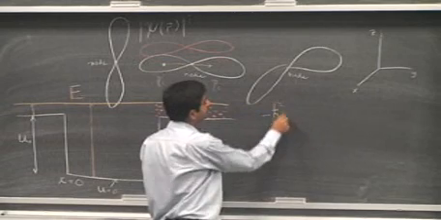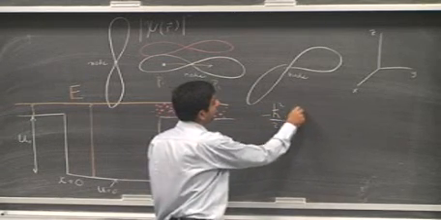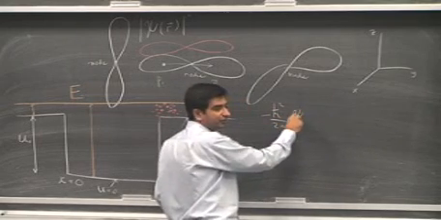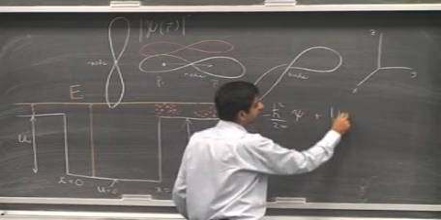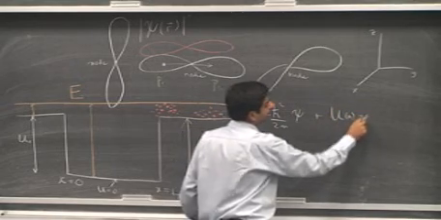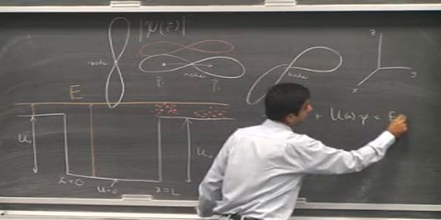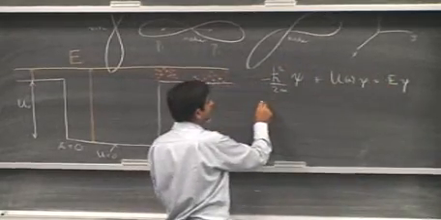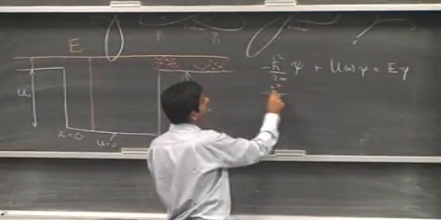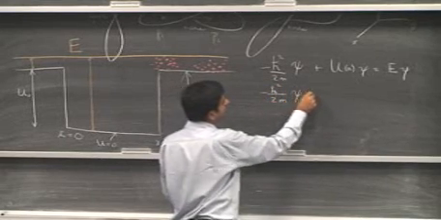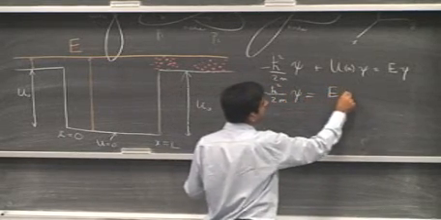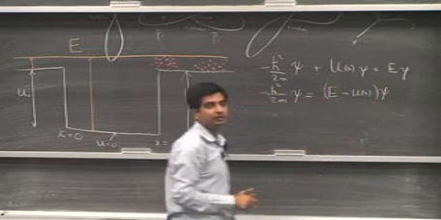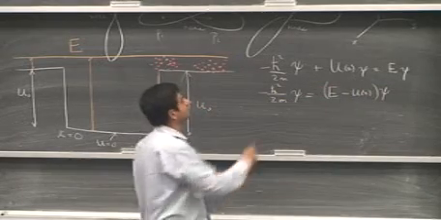Minus h bar square over 2m psi, I'm dropping the x, assuming that the argument always exists, plus the potential energy U(x) psi equals E psi. Now E is constant, and this means that minus h bar square over 2m psi double prime equals E minus U times psi.